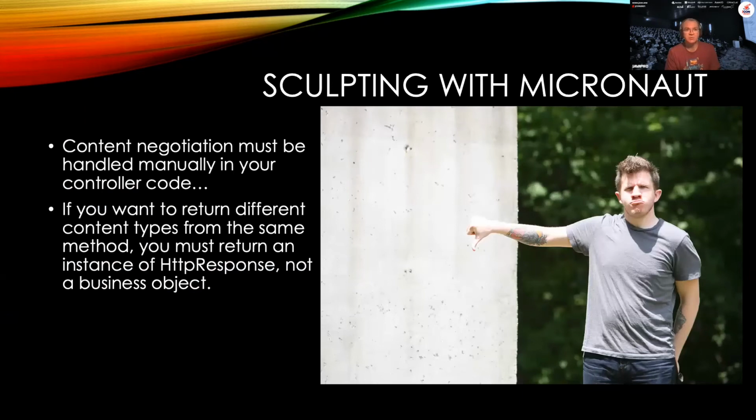As I alluded to before, we've got an unhappy guy here because sculpting with Micronaut is not as easy as it would be with the other two. Content negotiation has to be handled in your own code. We showed before that instead of throwing an exception, if you wanted to just create the exception type, you could use an HttpResponse return type on your method. This is basically what you'd have to do if you wanted to sculpt it. Let's say you wanted to be able to handle JSON, XML, and YAML.